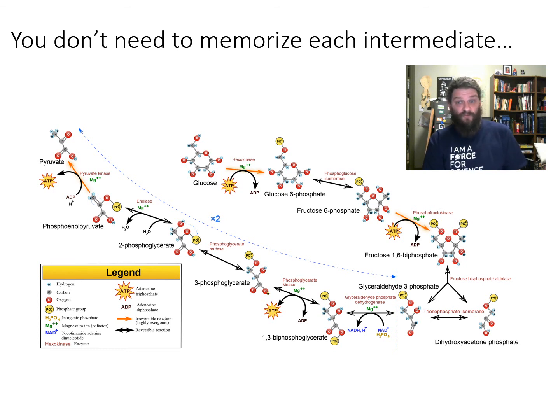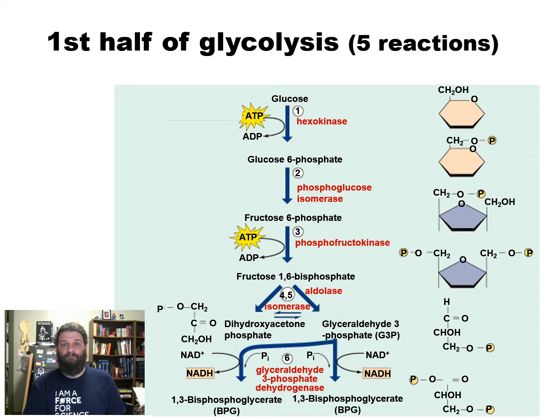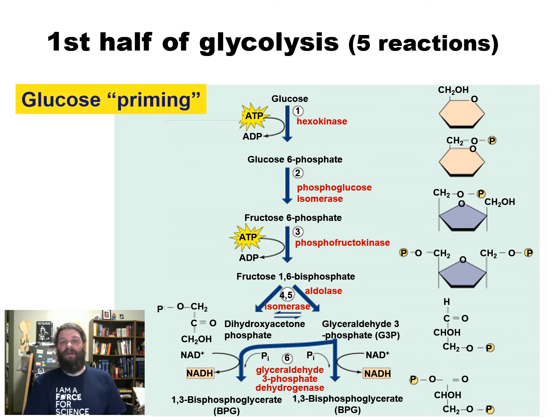It is kind of cool to know, and if you go through each one of these structural formulas in this diagram, you can see pretty clearly how the atoms are rearranged step by step, and the electrons are stripped off either for the NADHs or to drive the phosphorylation of ADP into ATP. But again, we don't need to memorize each step of the reaction. A little bit more detail here, you say? All right, well, here we go.